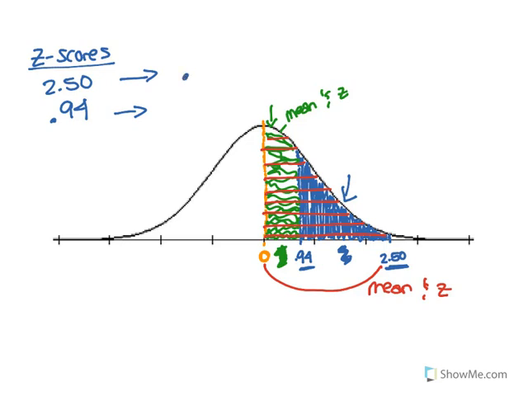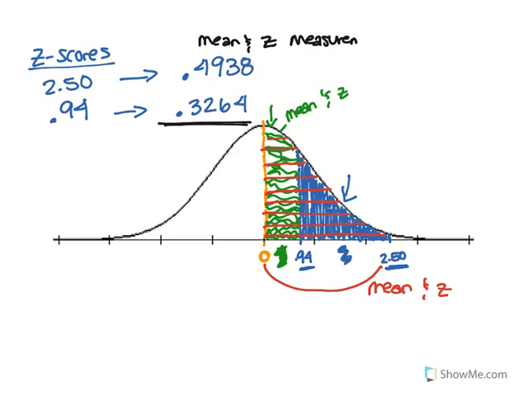2.5's mean and Z measurement is 0.4938 and 0.94's mean and Z measurement is 0.3264. And I write this at the top that this is mean and Z measurements.